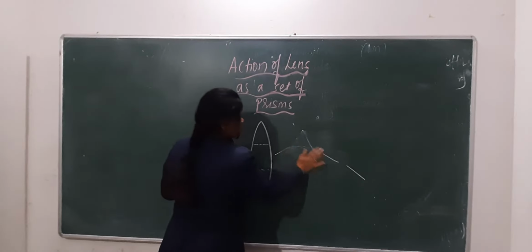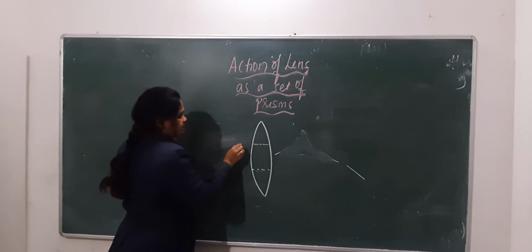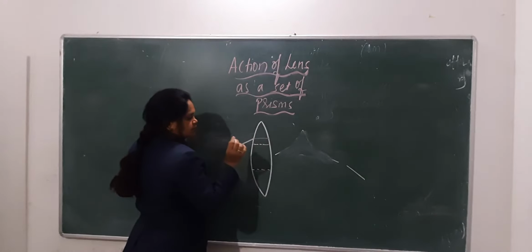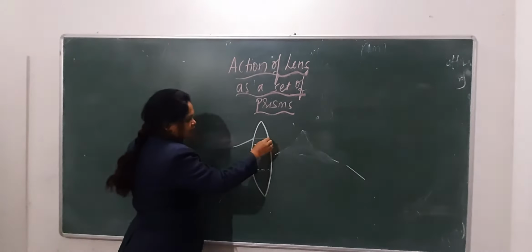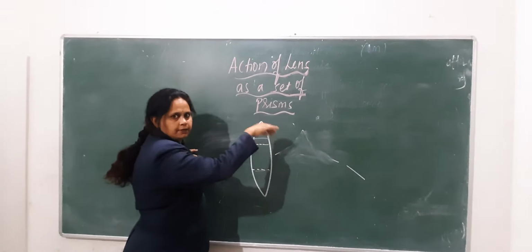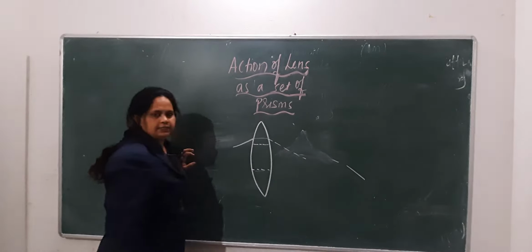Suppose this is the ray of light which is passing through this particular edge. It travels parallel to it, and because this is acting like a prism, whenever the ray of light emerges, it emerges very close to the base, bending towards the base. There it is, the ray of light comes out like this.